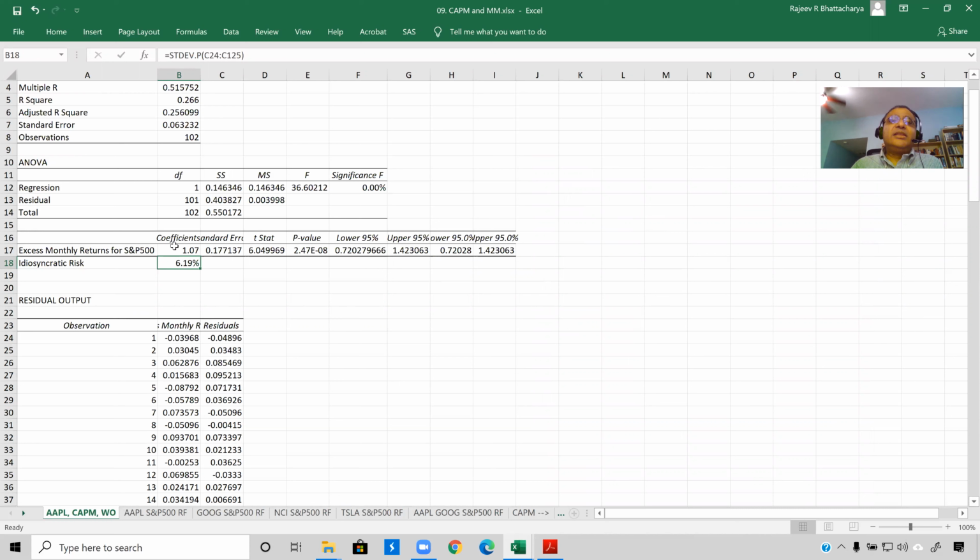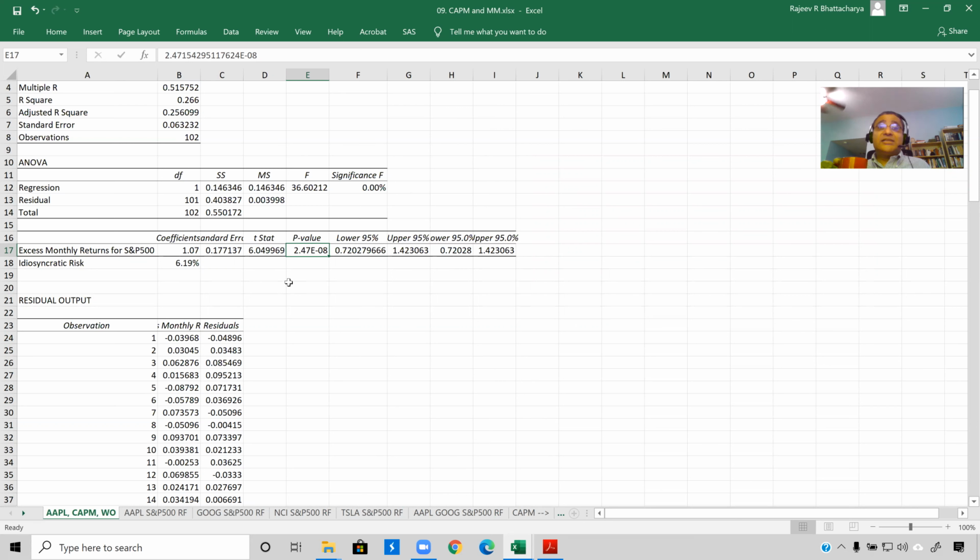The excess monthly return for the S&P 500, the coefficient of that is the market beta, 1.07, which is very close to 1. Keep this in mind. The p-value here is also very close to 0, which says that the beta in this case is significantly different from 0.